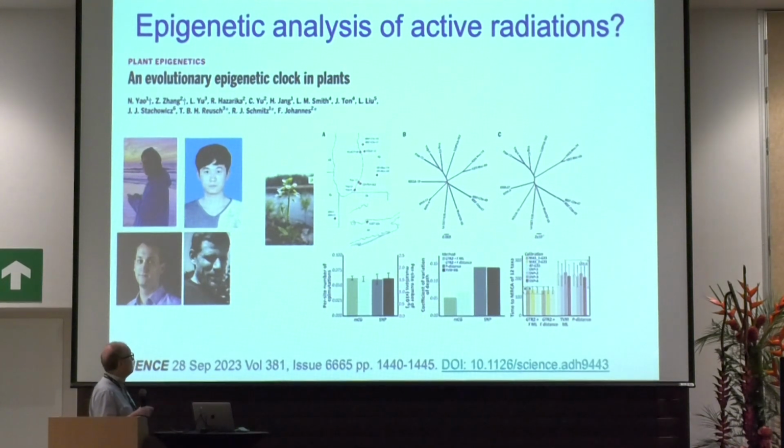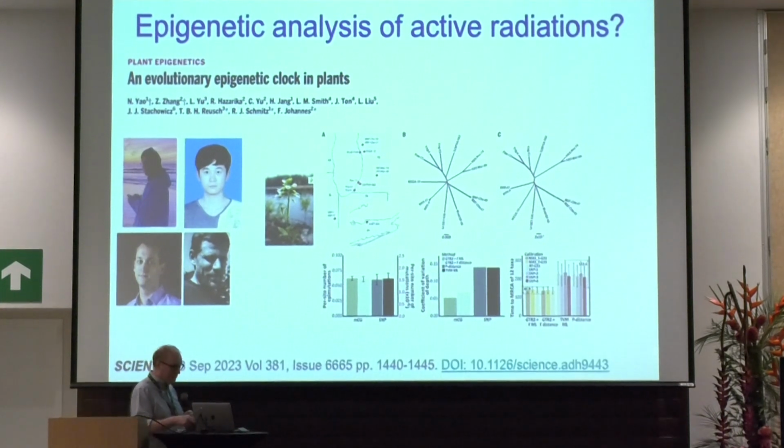They did bisulfite sequencing to identify methylation marks. They're seeing that there's a very rapid rate of methylation mark accumulation in those systems, much more rapid than SNPs, orders of magnitude faster than they found for accumulation of SNP variation.